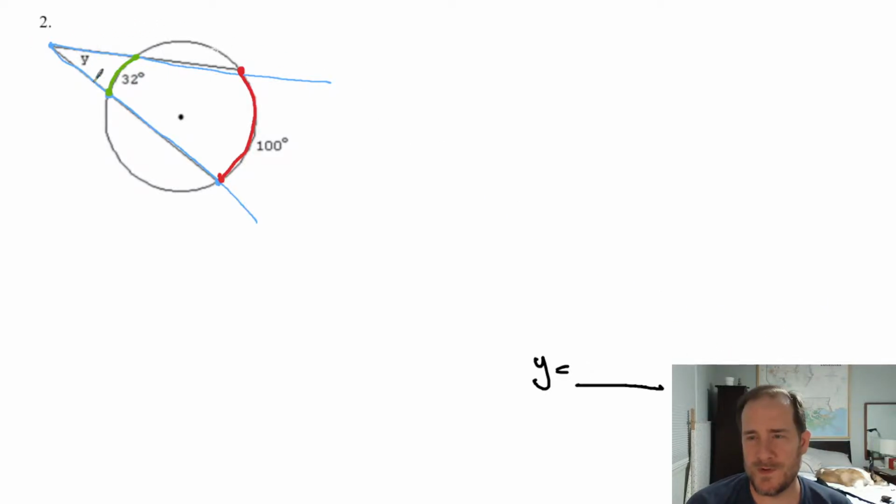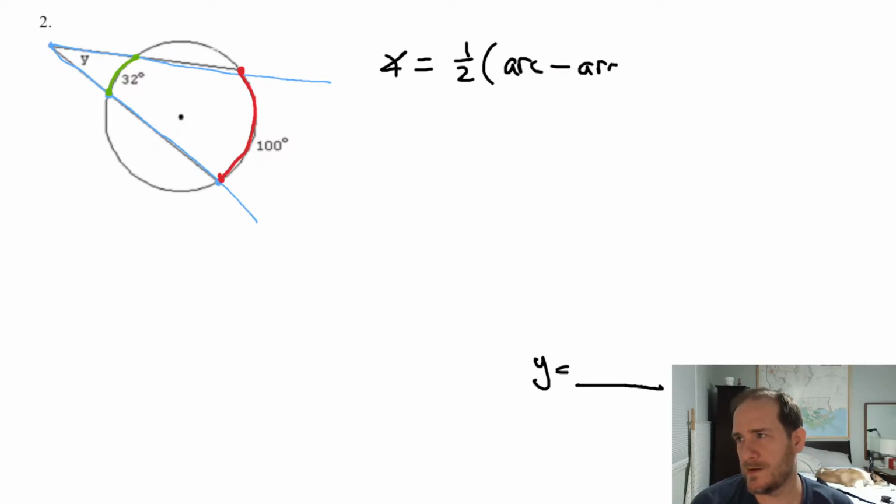And the rule for this kind of angle is that the angle is going to equal half of the big arc minus the small arc. That's our rule. And that feels like rule number 5 to me. I don't really know what the numbers are, but the rule for sure is that this angle is the arc minus the arc, chopped in half.